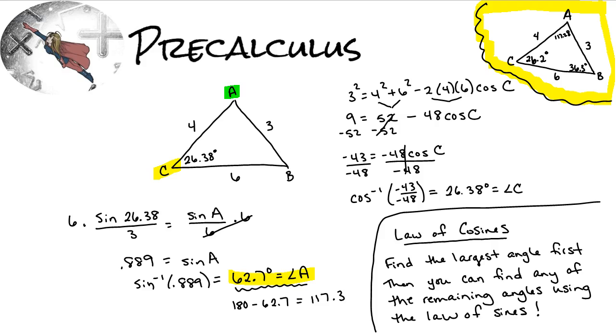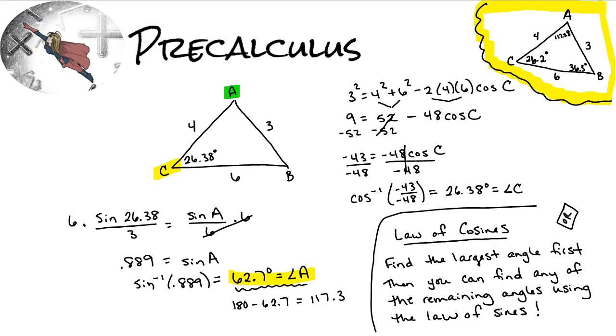Or one other option that you would have is to just use the law of cosines the whole entire time and not switch over. But most of my students that I tutor like to switch over to the law of sines. But let's just put that little caveat in here.